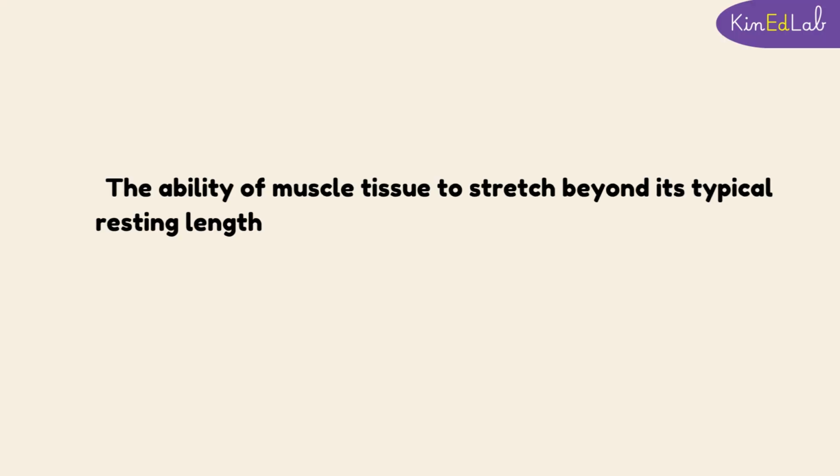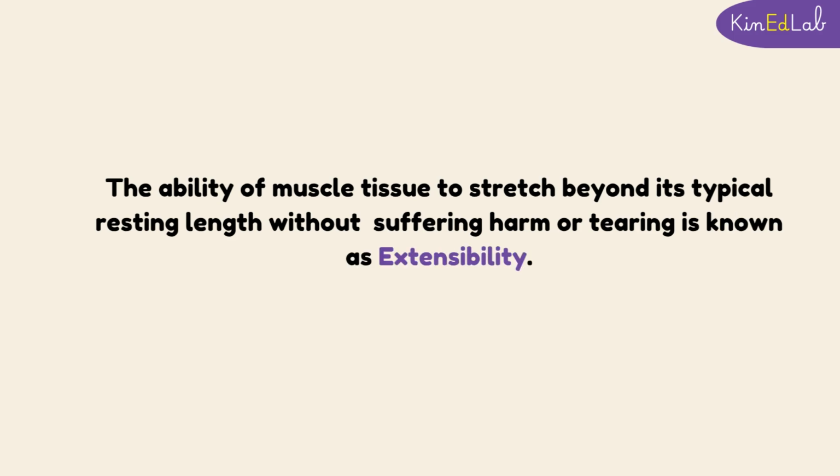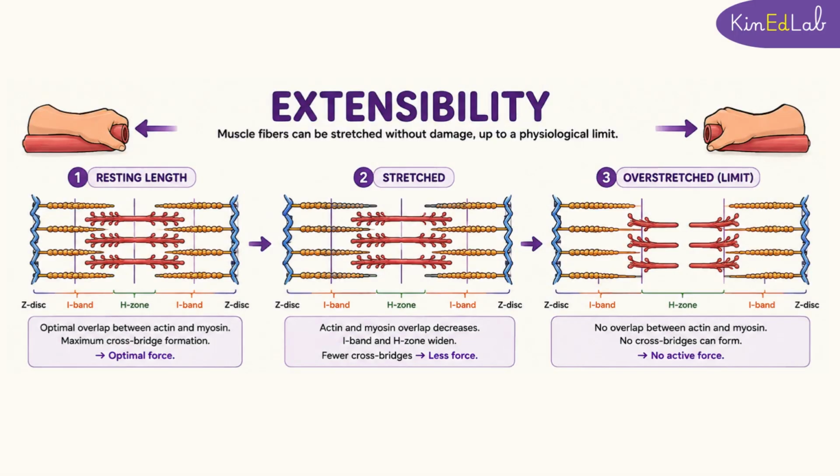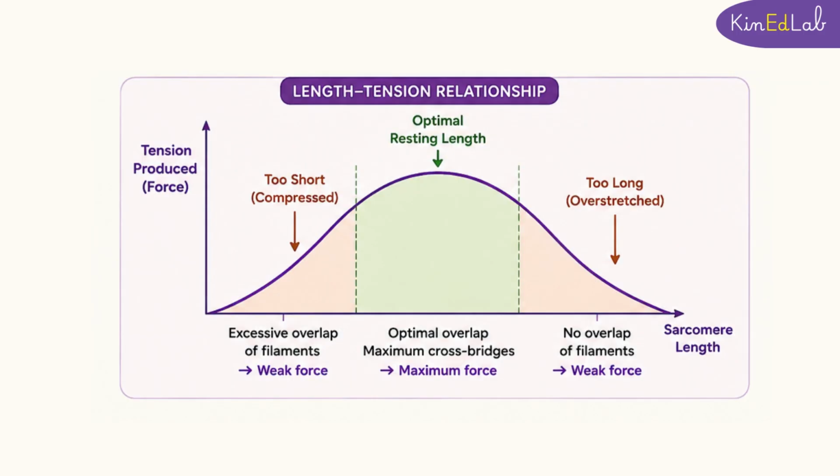Extensibility is the ability of a muscle to be stretched or lengthened beyond its resting length. And this property is incredibly important because movement isn't simply about muscles getting shorter. Every movement requires muscles to work across different lengths. And this brings us to one of the most important concepts: the length-tension relationship. A muscle does not produce the same amount of force at every length, because the amount of overlap between actin and myosin changes as the sarcomere length changes.